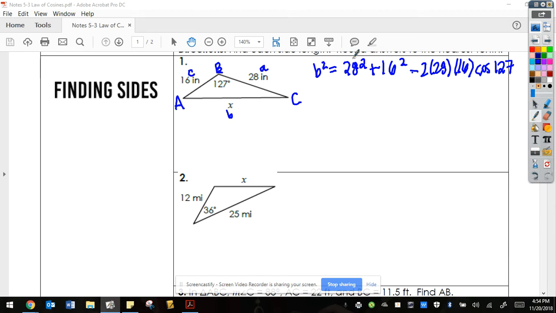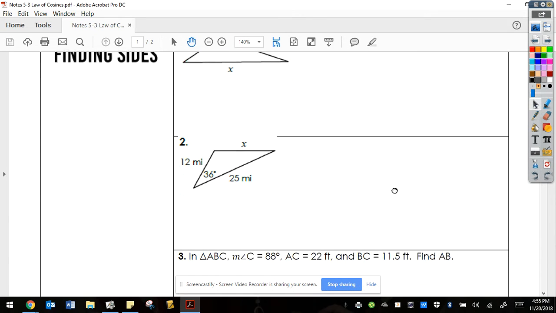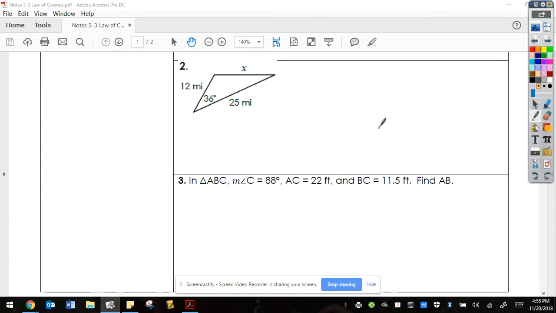So all I'm doing is plugging in a, c, and cosine of capital B. So that ends up with b squared equals 1,579.2. And then if we take the square root of both sides, b would equal 39.7 inches. Okay?